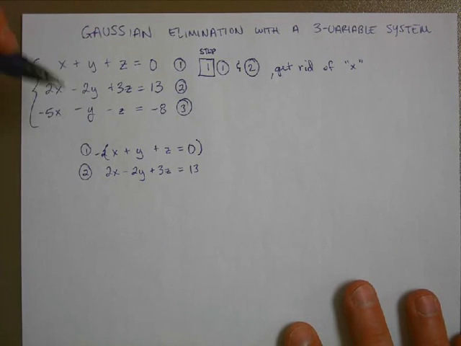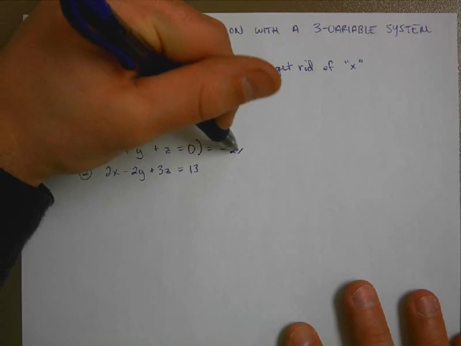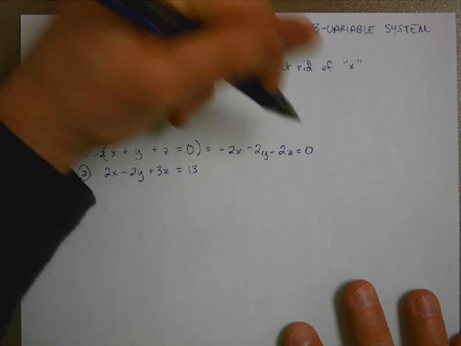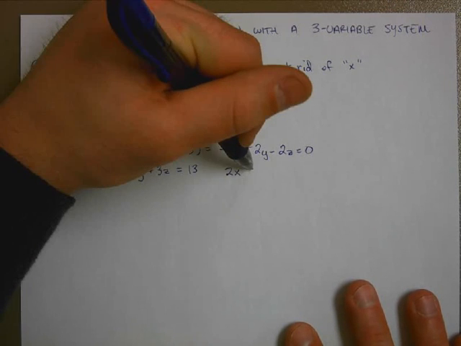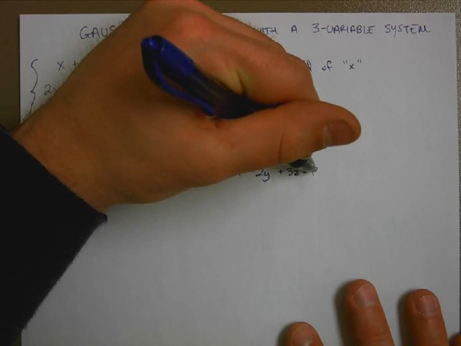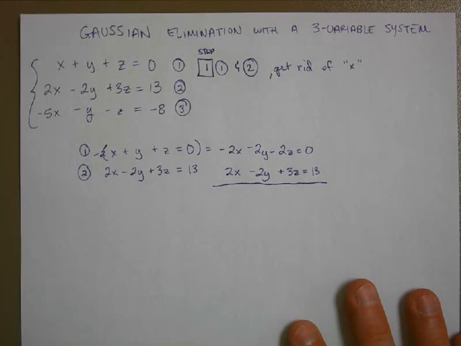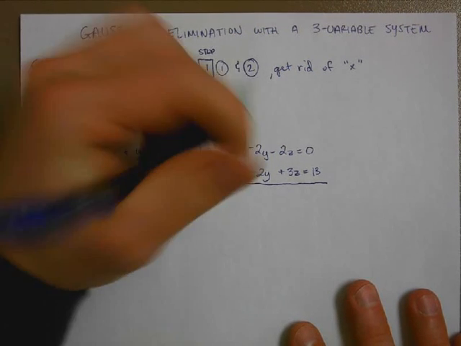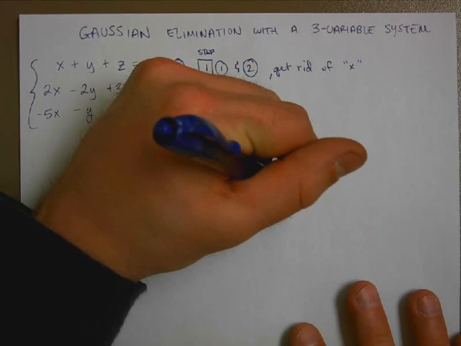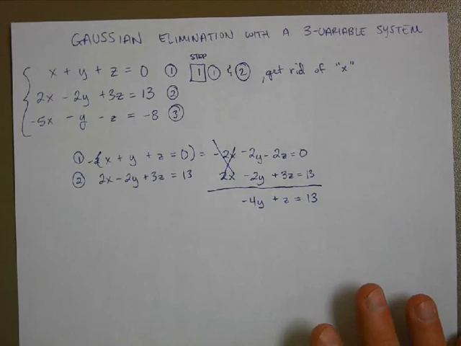Now if I do that, that gives me -2x minus 2y minus 2z is equal to 0, and I re-record the second equation. If I add those up, these go away, and I'm left with -4y plus z is equal to 13.